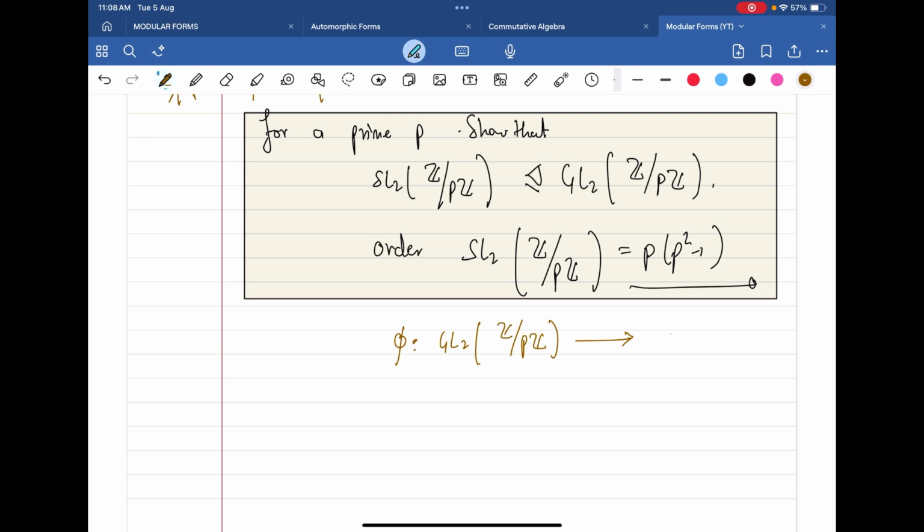So from this group, you will define a group homomorphism to another group, Z mod PZ star, the multiplicative group, and the map is sending the matrix to the determinant of the matrix.